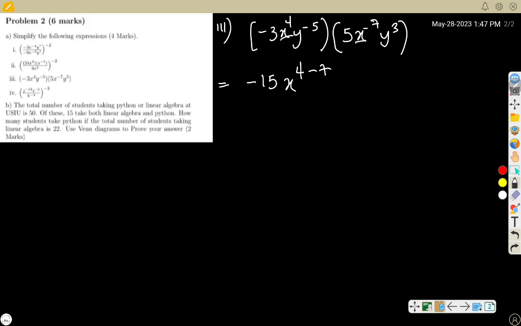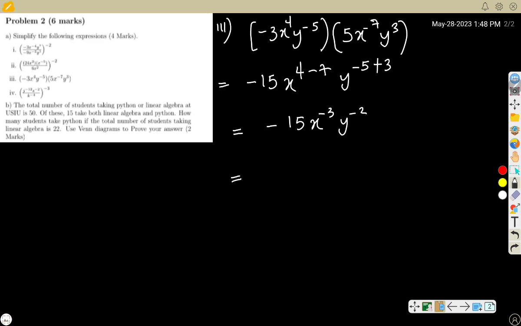So take one of the s, then add the power. Then y raised to power minus 5 plus 3. So indices. So this is minus 15 s raised to power minus 3 y raised to power minus 2.